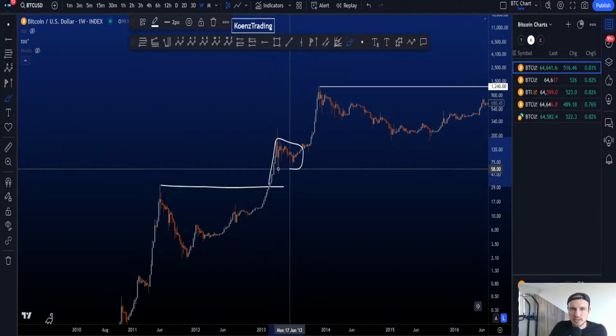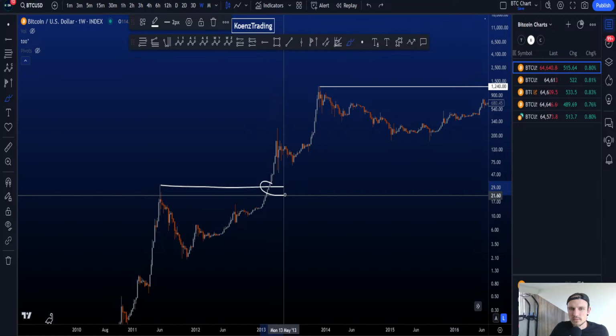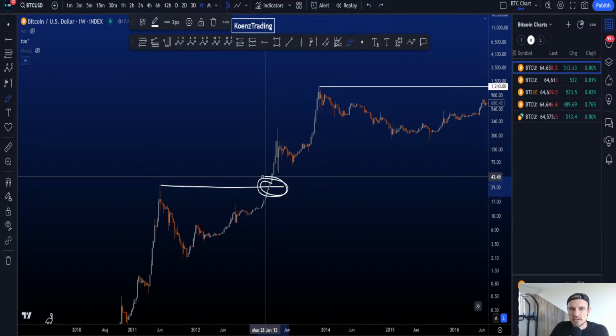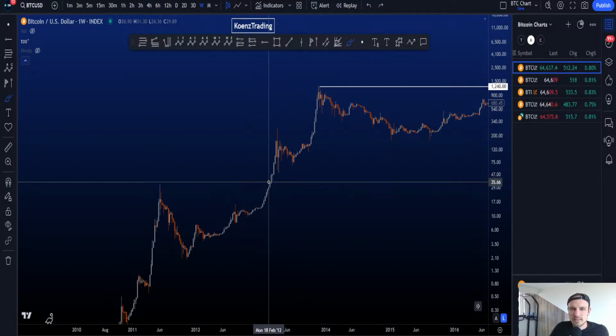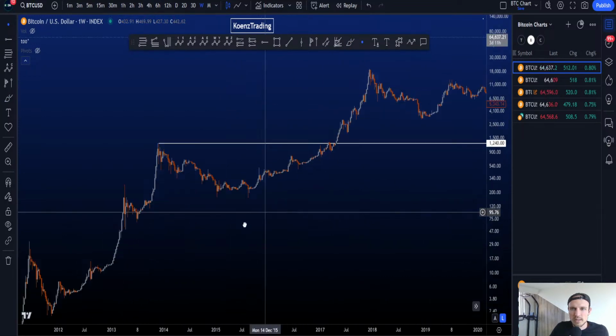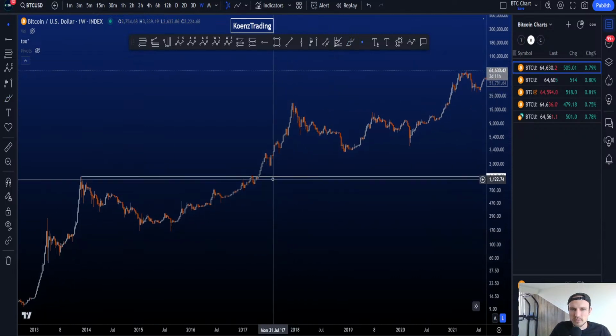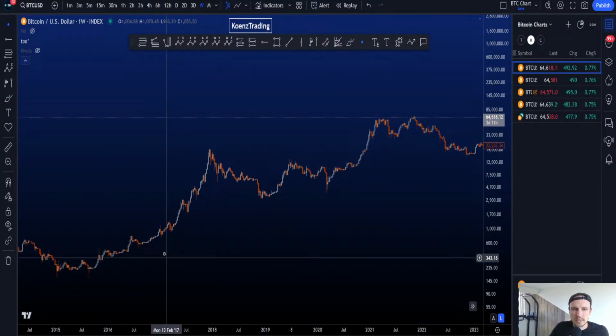Of course, you have a range here, but perspective-wise, we are now at 60K ranging here. So here you pushed towards the upside and only formed a range later. Here we had a short range, 3 weeks downside, and then 3 weeks back up. So that's 6 weeks in total.